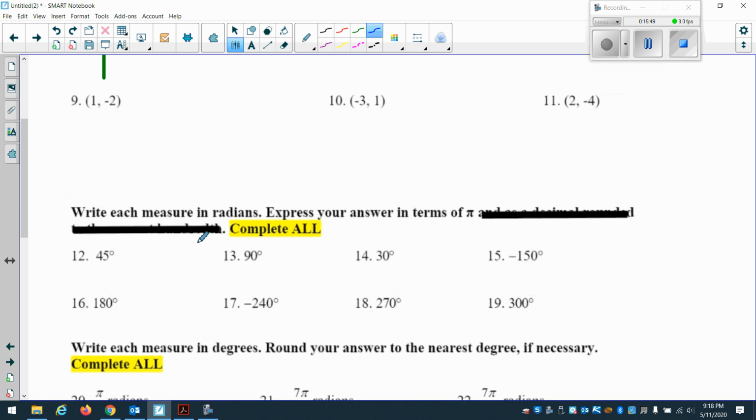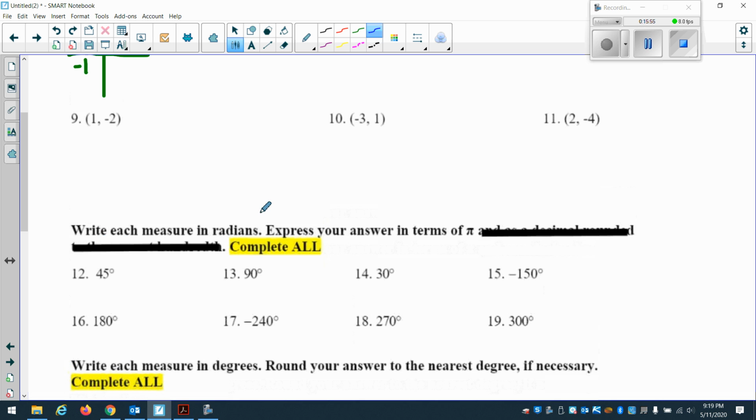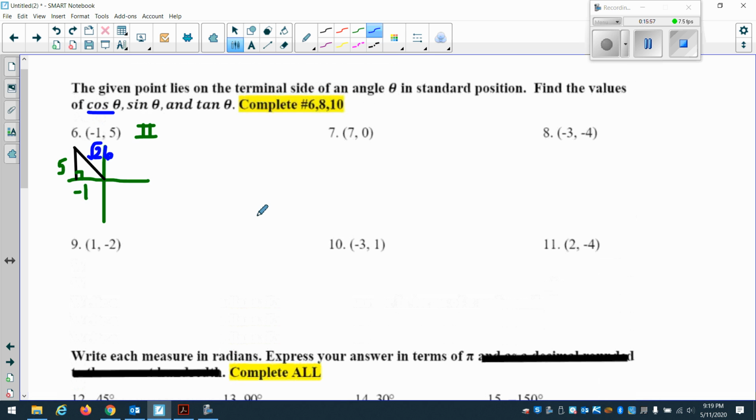Okay, this whole section, I know the review questions came out a little strange. Actually, let me go back here for a second. Someone did request number 8 and 10, but again, they're very similar. So I'm going to do number 8 over here. Negative 3, negative 4.